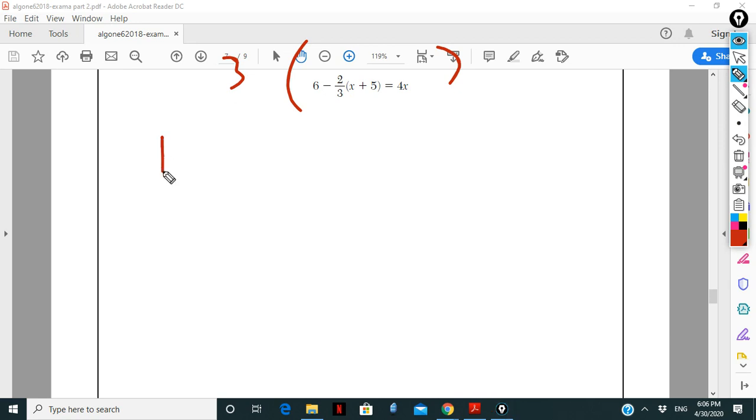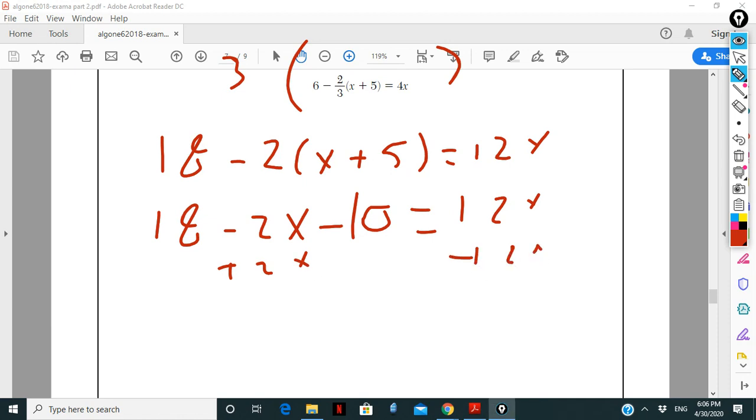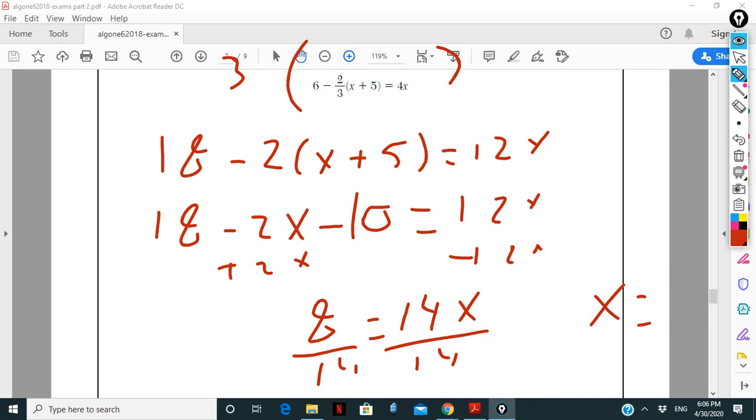So it's giving me 18 minus 2 times (x plus 5) equals 12x. Now I distribute: 18 minus 2x minus 10 equals 12x. I add 2x, so 8 equals 14x. I divide by 14, so x equals, I can simplify, 4 over 7.